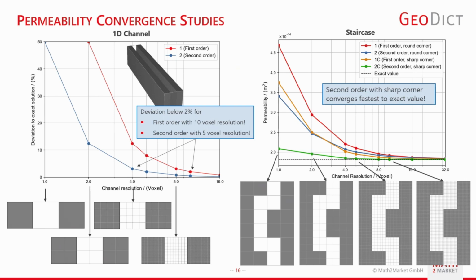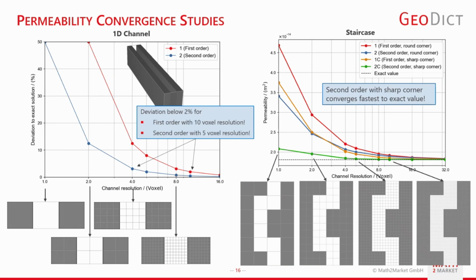On the y-axis, you see the error with respect to the analytical solution, which is also available for the 1D channel. The red curve is using the first order no-slip boundary condition, and the blue curve is using the new second order boundary condition.